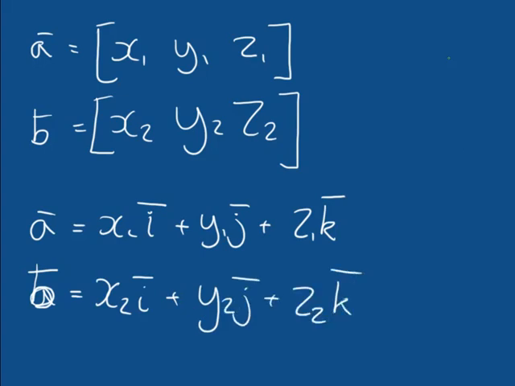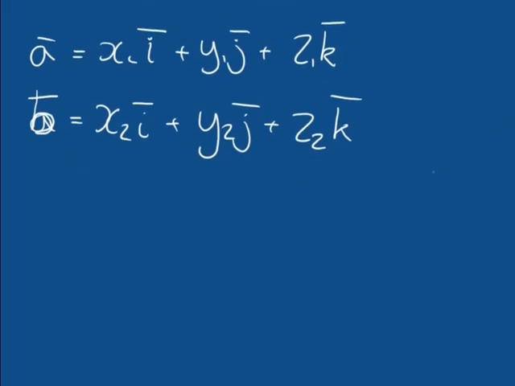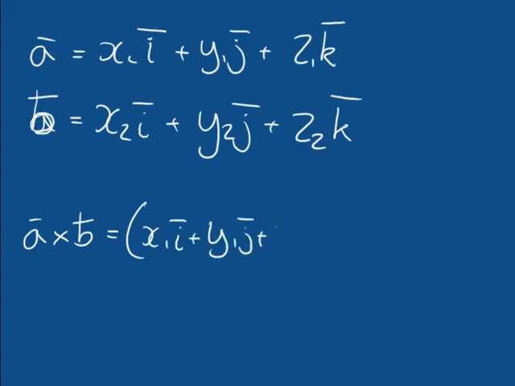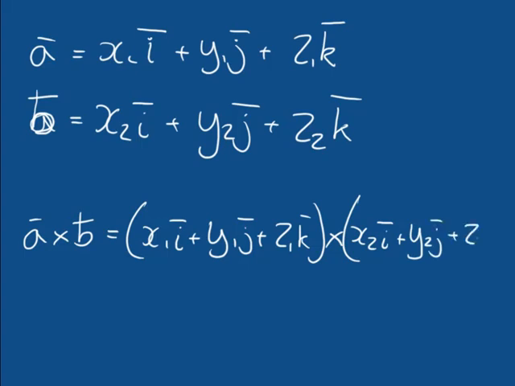So we can write A and B in terms of combinations of those three Cartesian vectors i, j, and k. Therefore, the cross product of A crossed with B becomes the cross product of x1i plus y1j plus z1k crossed with x2i plus y2j plus z2k.